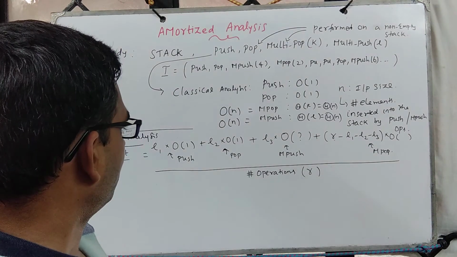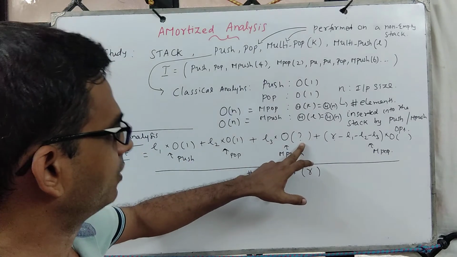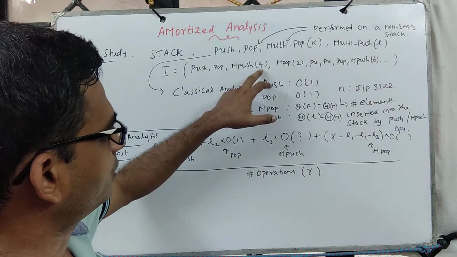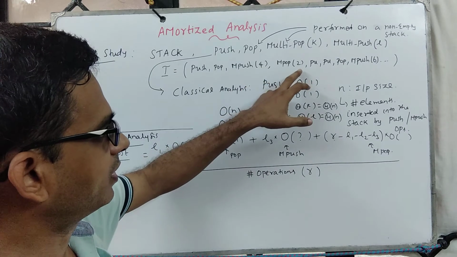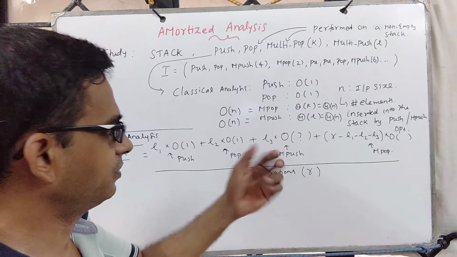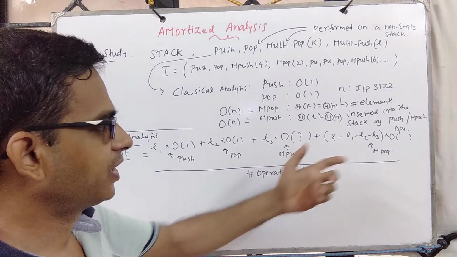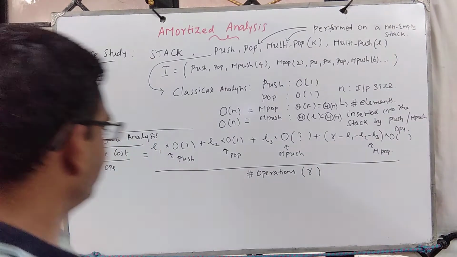Correct? Now, what would be the cost of multi-push? In some places it is 4, some places it is 6, some places maybe log n, root n, and so on. So which means this is a function of n. This is also a function of n.